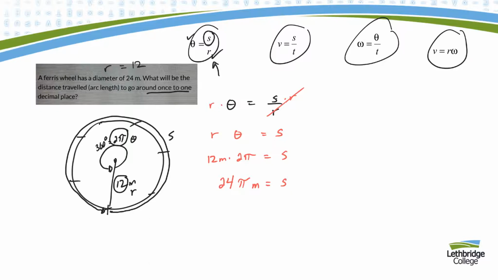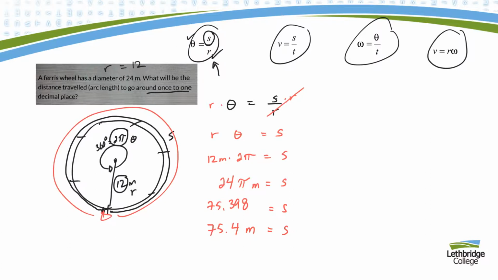So 24 times pi equals, and I get the arc length, I will have gone 75.398. They want one decimal place. So 75.4 meters. That would be the distance of going around the whole outside once.